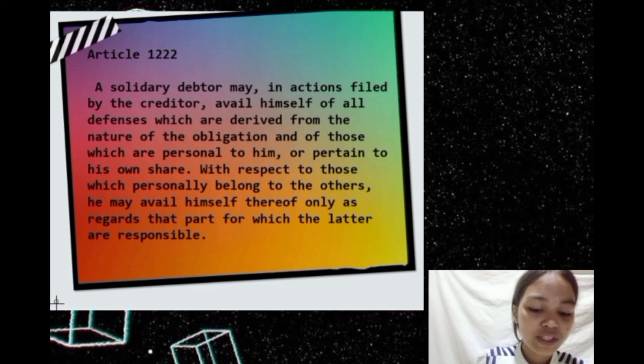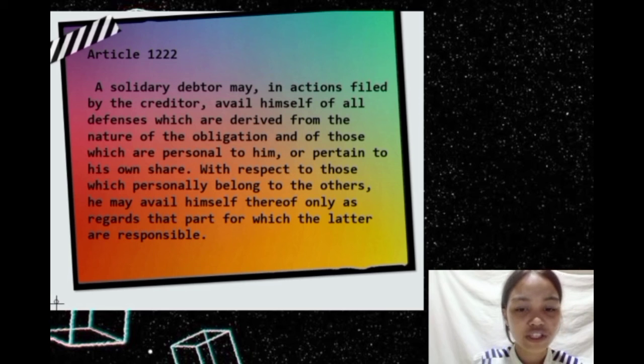With respect to those which personally belong to the others, he may avail himself thereof only as regards that part of the debt for which the latter are responsible.